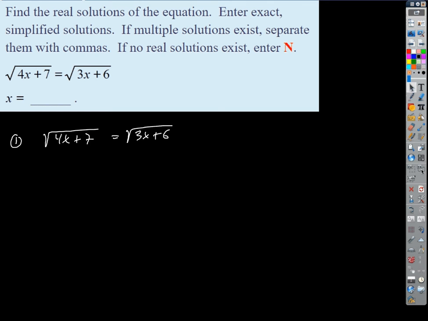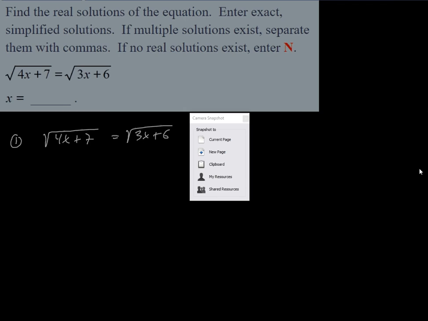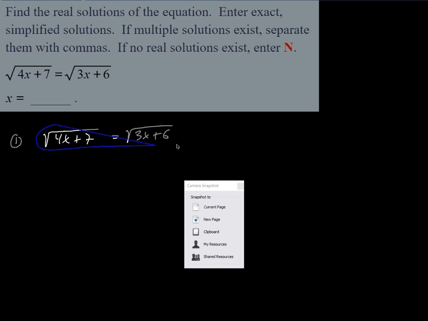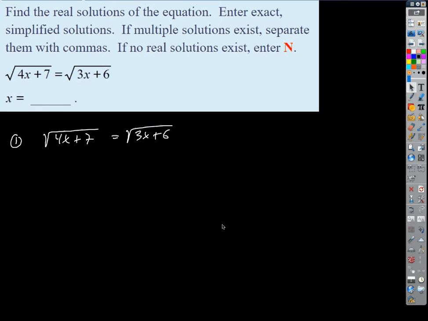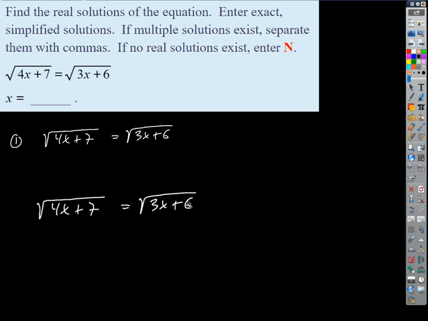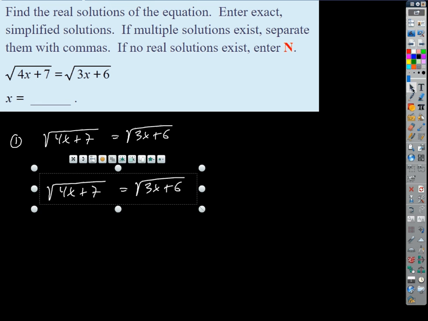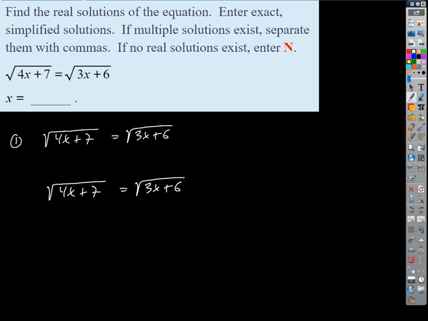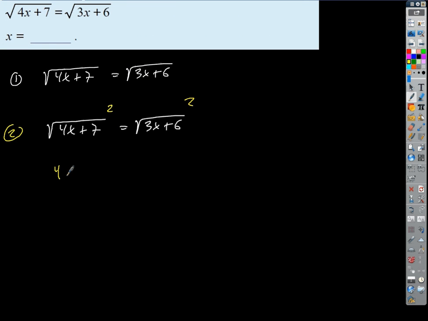Good. Okay, and so let me just cheat a little bit here. Get kind of lazy sometimes. So all we're going to do here for step 2 is square both sides, so we get the equation 4x plus 7 equals 3x plus 6.